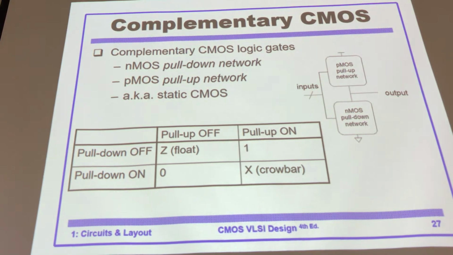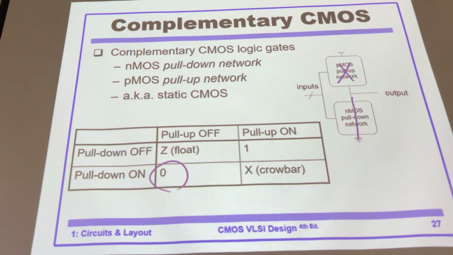Now look at this combination. When pull-up is off and pull-down is on, you get 0 at the output.